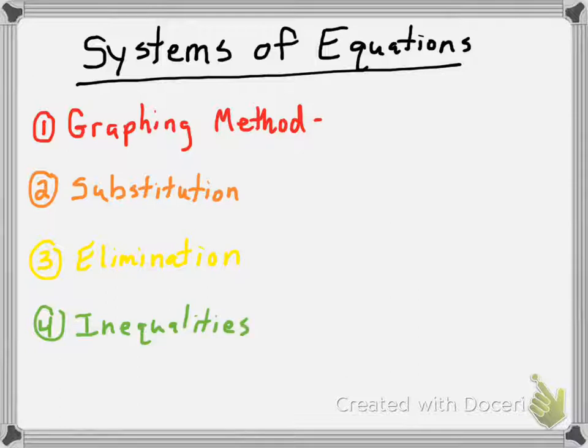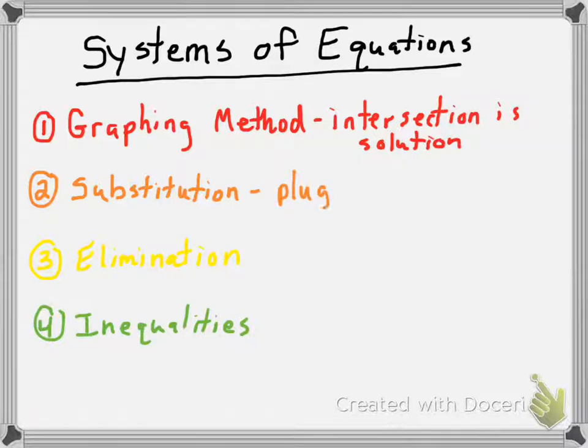Okay, so just a quick recap. Graphing method was just all about the intersection of the two lines. Okay, the intersection is the solution. Substitution is all about, just like it sounds, plugging something in. Plug in one variable into the other equation.